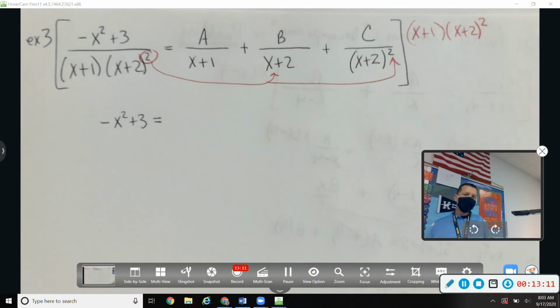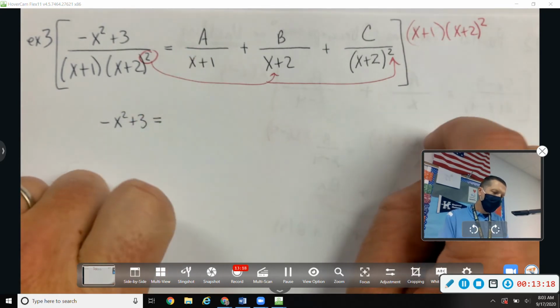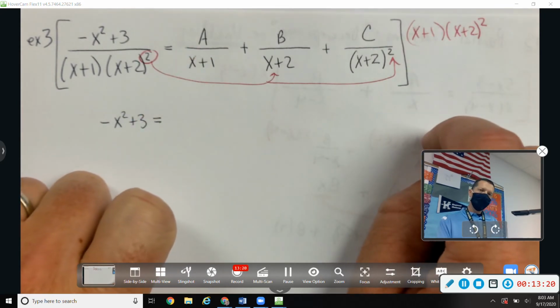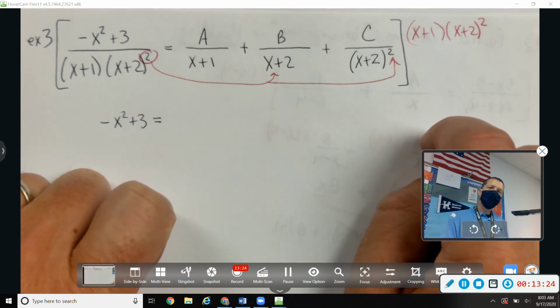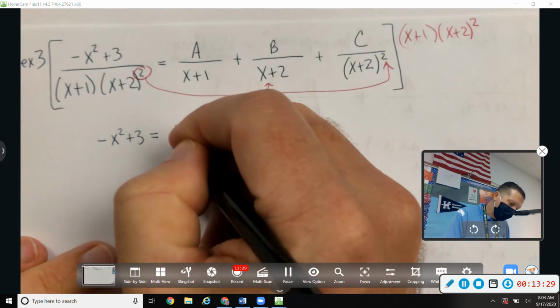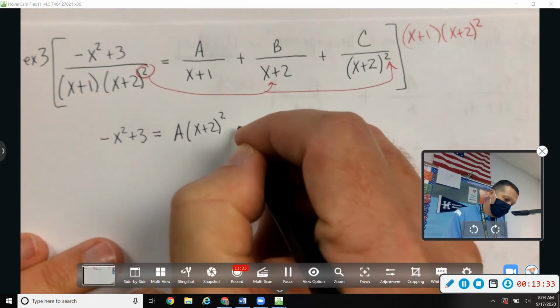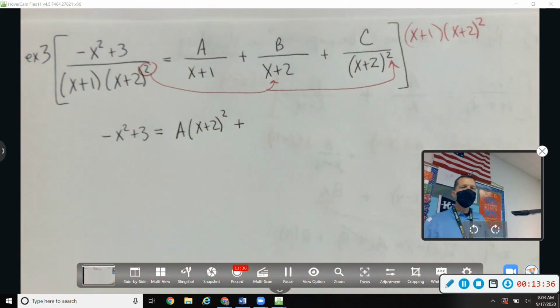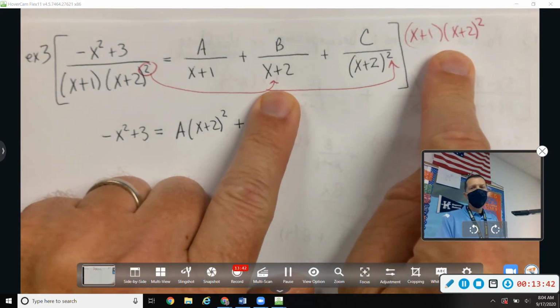The rest of these get a little bit tricky. So when I multiply all of that to the a term, what cancels out? The x plus 1 cancels out, so that leaves a times x plus 2 squared. When I multiply it all to the b term, what cancels out?